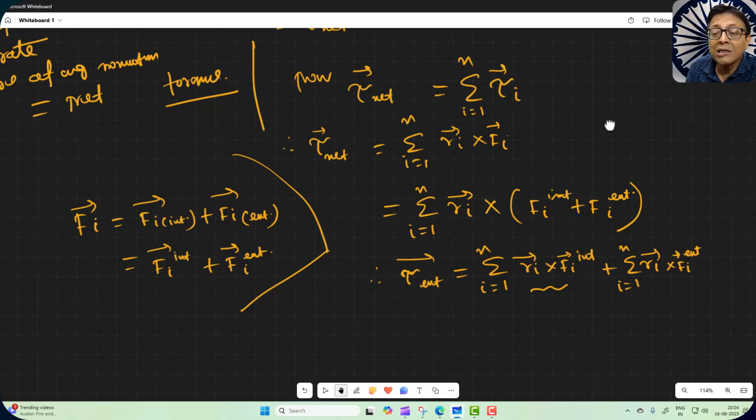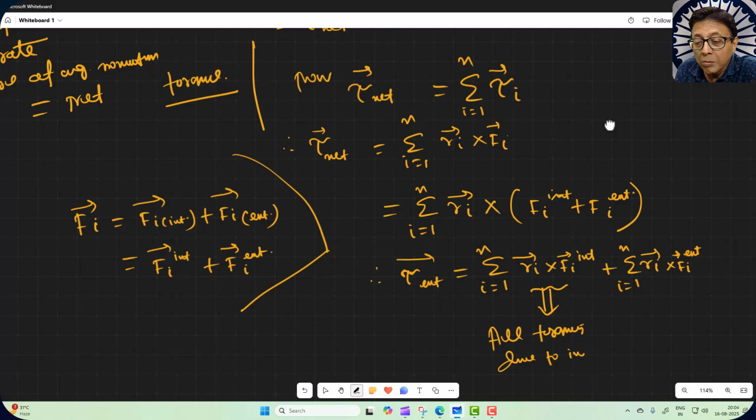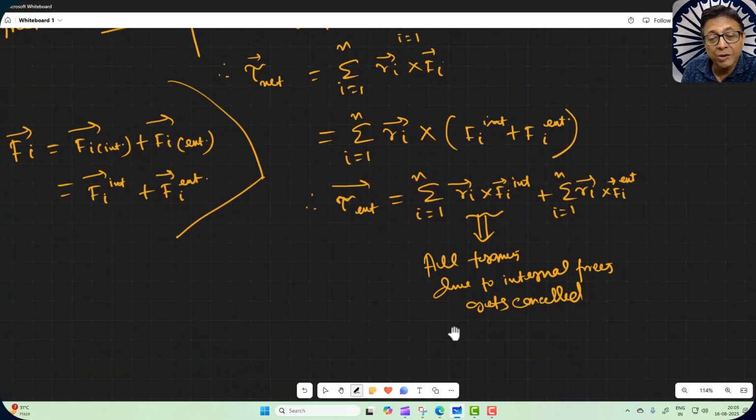So all torques due to internal forces get cancelled. So this part is going to be 0.